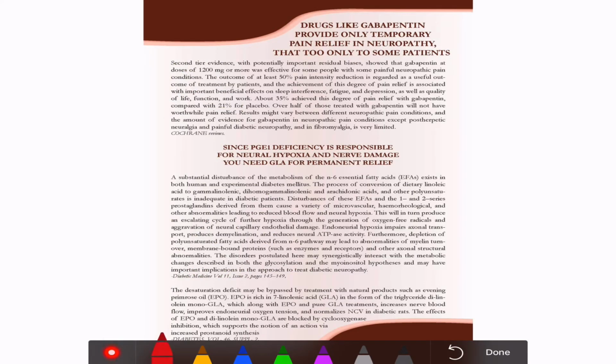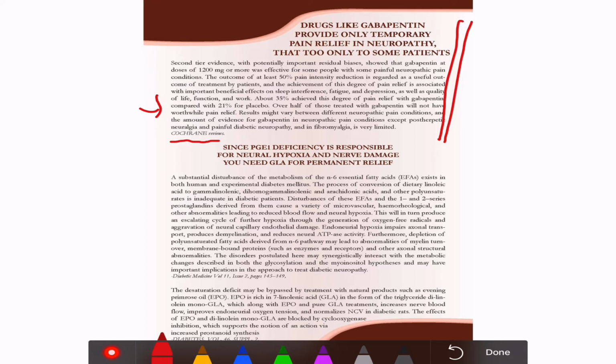But one of the problems with gabapentin is that a comprehensive study by the Cochrane review has shown two things. One is that gabapentin works only for a short time, so it is a temporary pain relief. Secondly, this study also says that gabapentin does not work for everyone. It does not give pain relief for everyone.